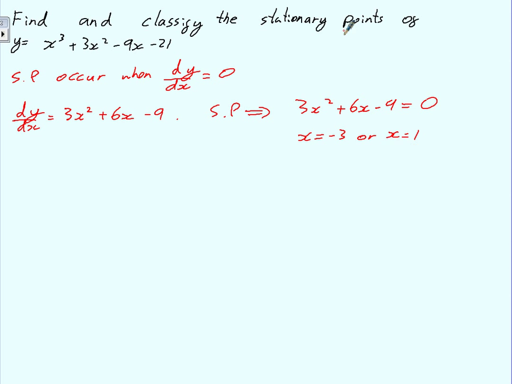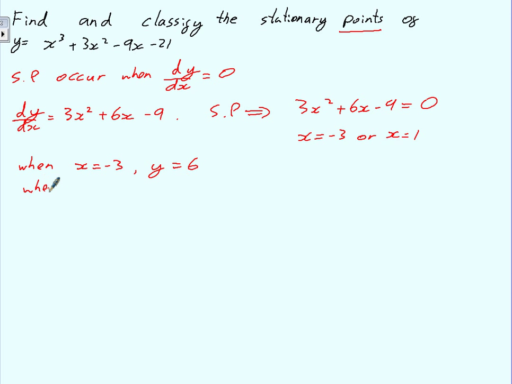Now, I should note, it has asked me to find the stationary points. At the moment, these are just the x values, so I need to find the y values. So when x equals minus 3, the y value, well, I can find that by substituting this number back into the original equation. If I put minus 3 in here and work it out, I should get a value of 6.